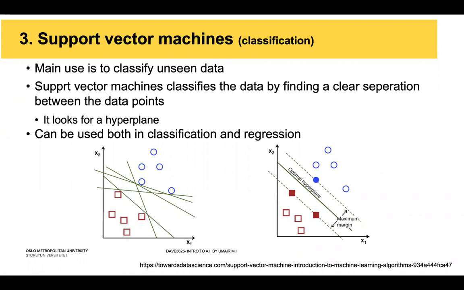And when it has done that, it then jumps on to this diagram, which is trying to find the optimal hyperplane. So first it tries to draw as many lines as possible. And based on those lines, it identifies how far the data sets are. And then it finds the maximum margin and the minimum margin.